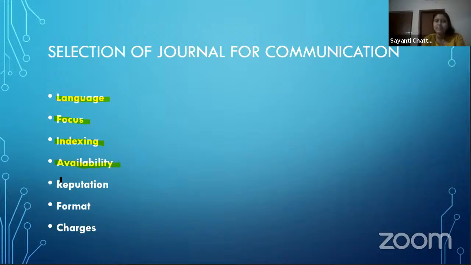Availability: is the journal available everywhere or not? Though we use the IEEE journal, many colleges don't have the IEEE subscription. If a college takes the subscription, the paper will be available to more people and citation will increase. Next one is the reputation of the journal.